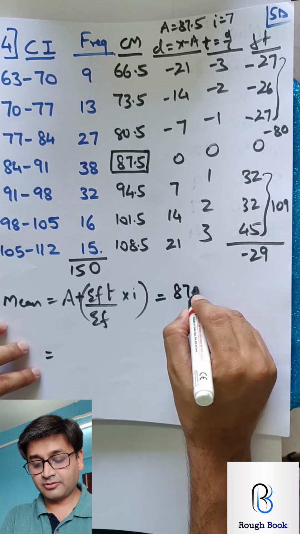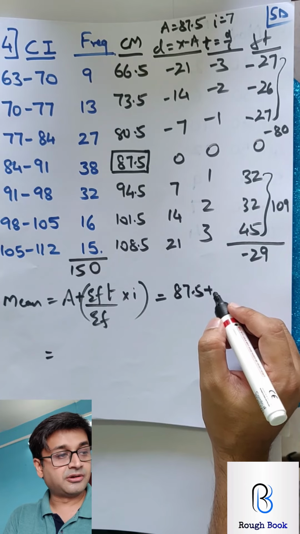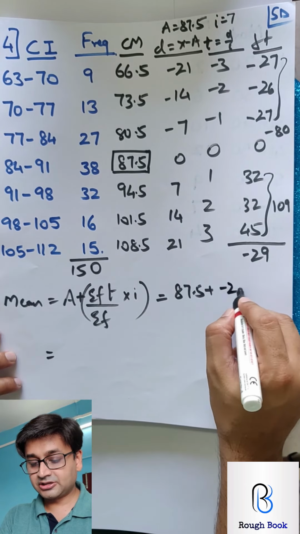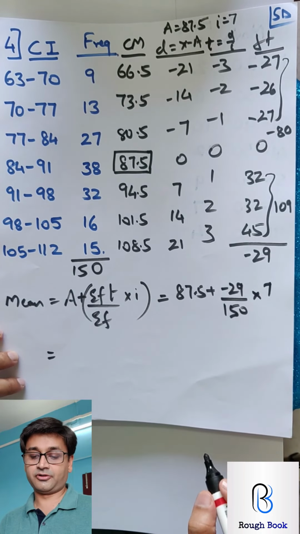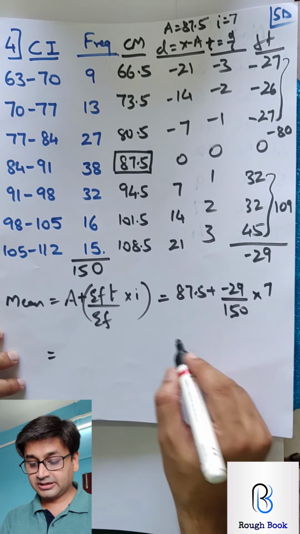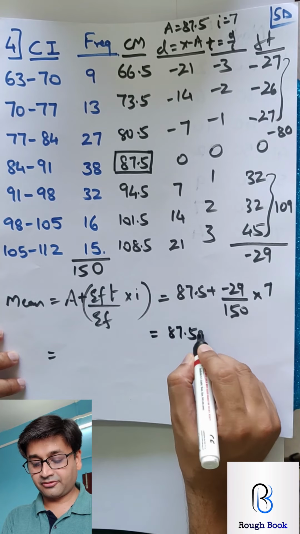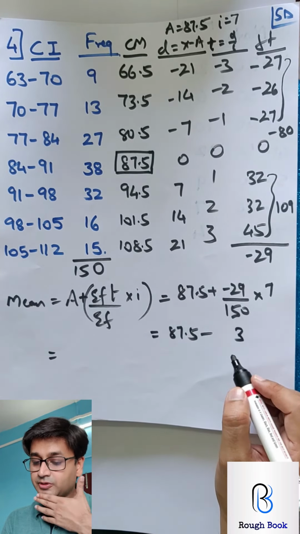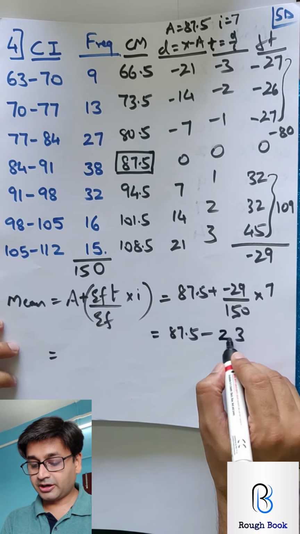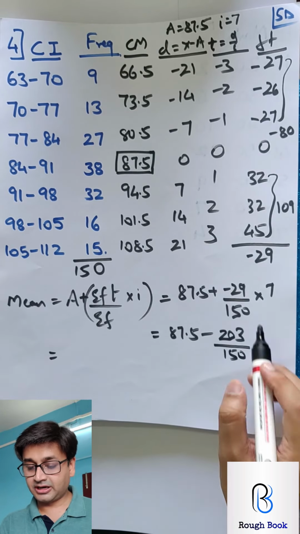A is 87.5 plus summation Ft, minus 27 upon 150 and I is 7. Perfect. So now I don't think anything is getting cancelled. So 87.5 minus 9 7s are 63, 7 2s are 14, 14 plus 7 is 20. So 203 by 150. Let us check.